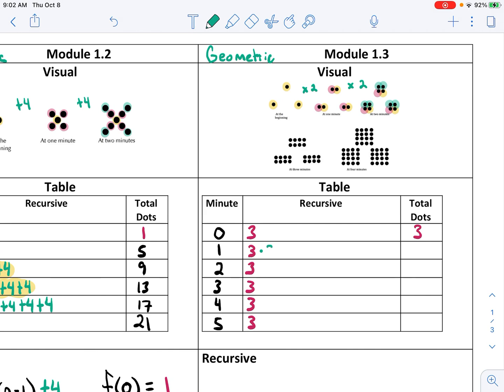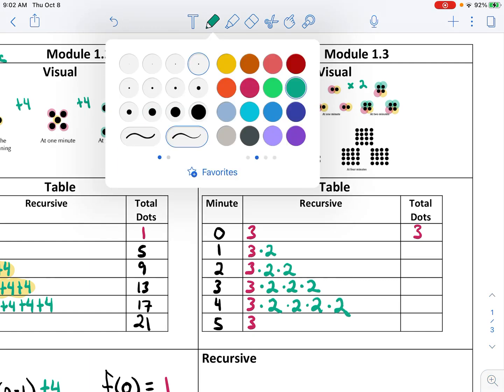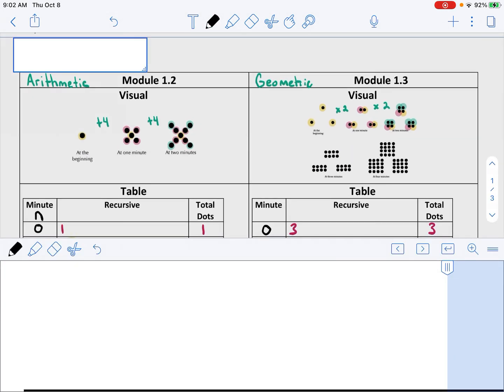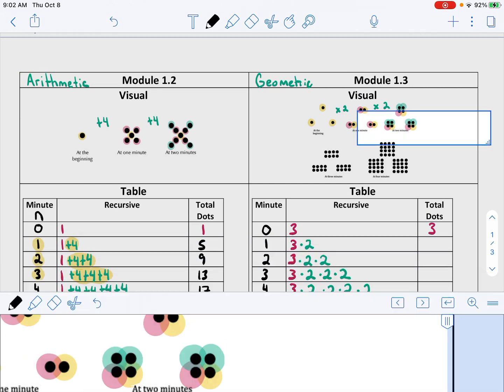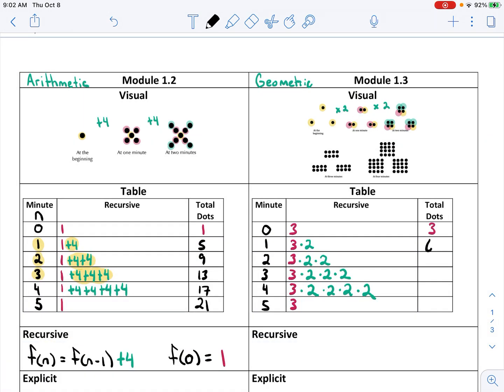So each minute we multiply by 2. And our answers, 3 times 2 is 6, times 2 is 12, times 2 is 24, times 2 is 48, times 2 is 96.